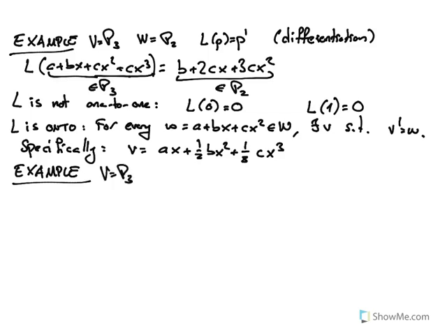Because if I just change the target space to P3, and we still have L as differentiation, then L is still not one-to-one. And in this case, it's not onto either.